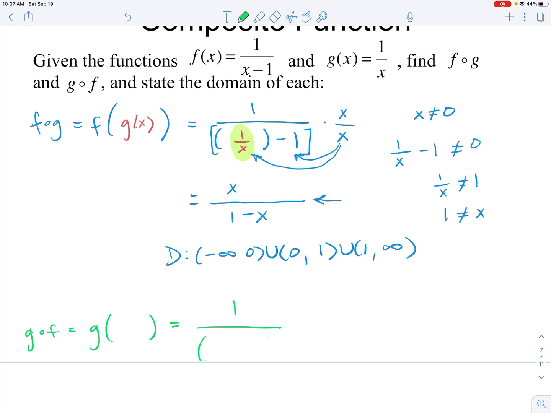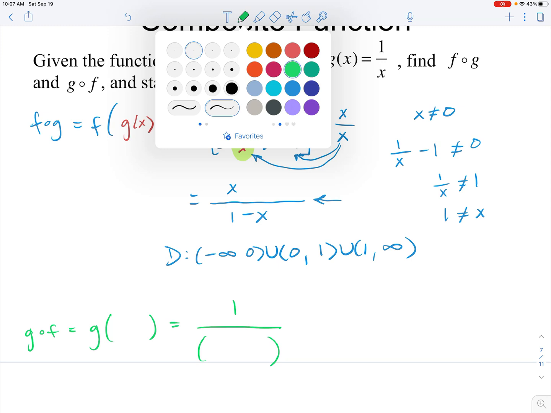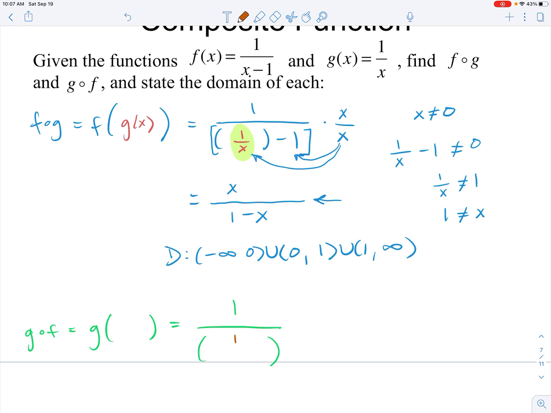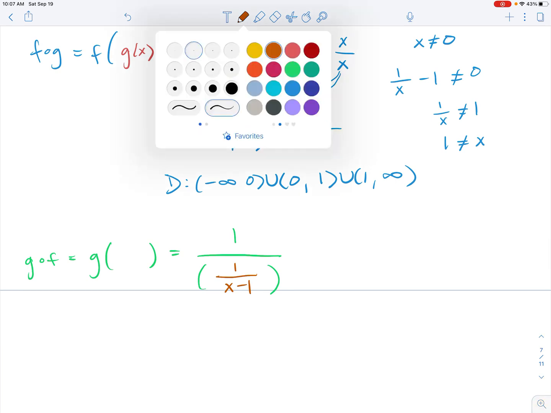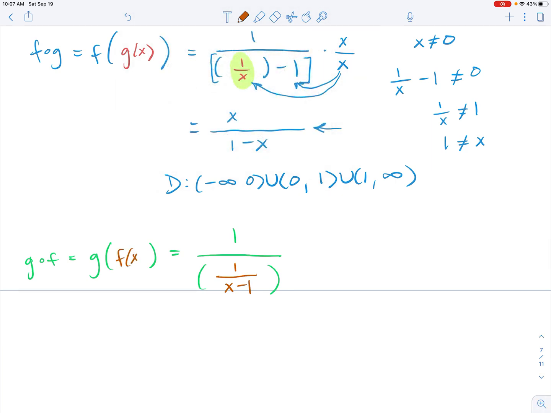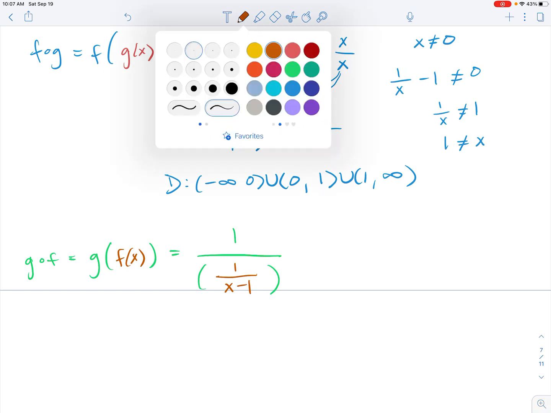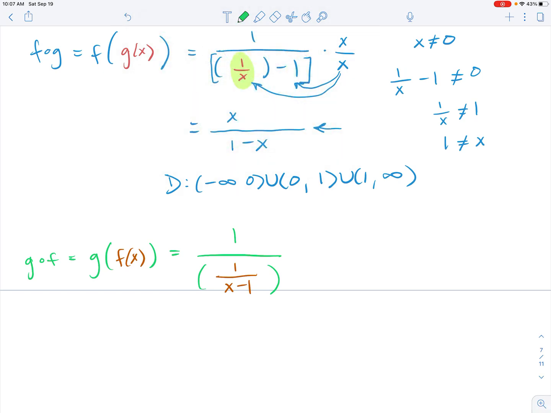So since the entire denominator for G of X is X, the variable, I'm going to replace the entire denominator with f of x, which is 1 over x minus 1. And that's 1 divided by 1 over x minus 1, which is just x minus 1.